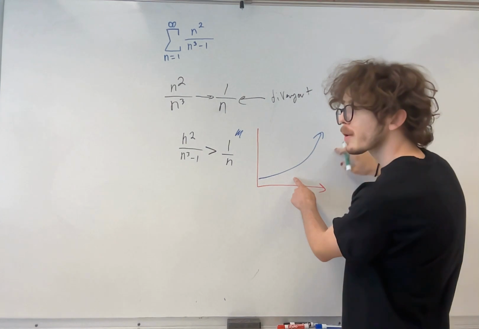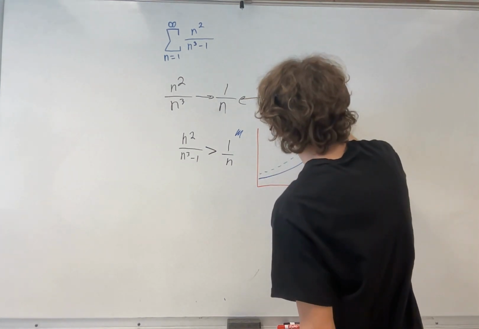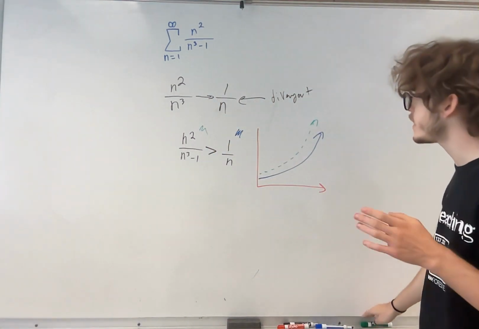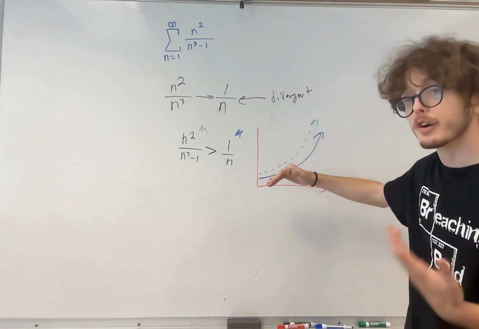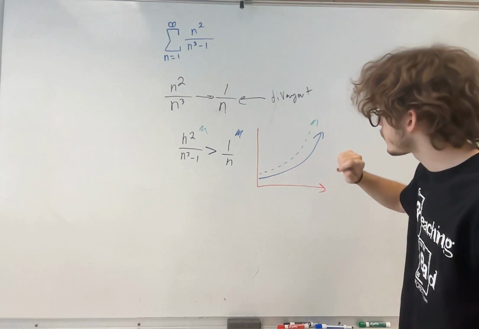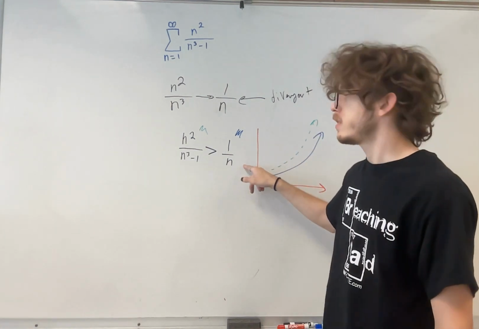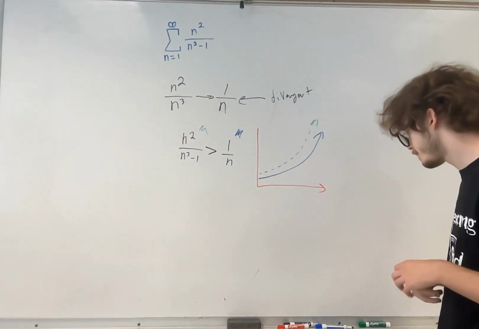The harmonic series should be a lower bound of our series, so our series will diverge as well. Do you see the idea? Notice, this is less than it, so it's below. If this is divergent, well then this must also be divergent.